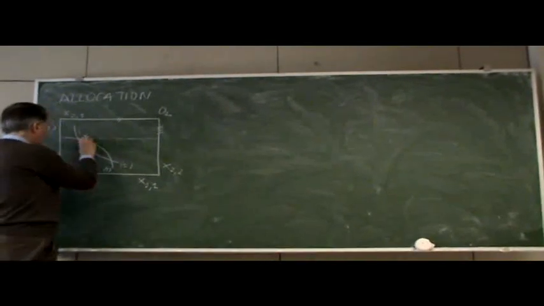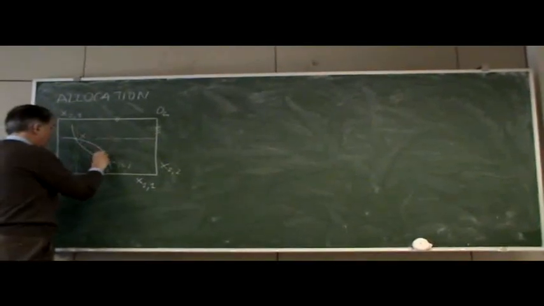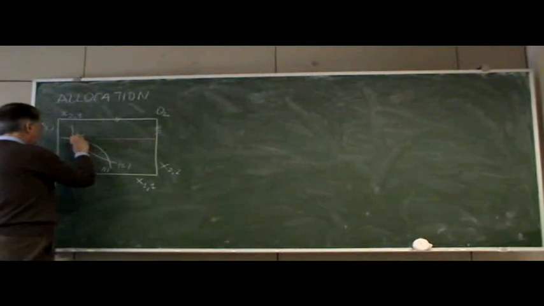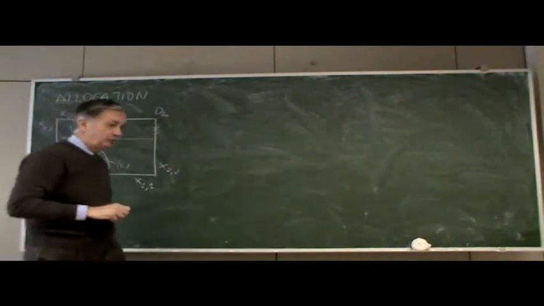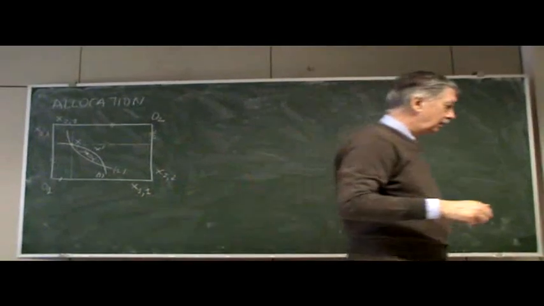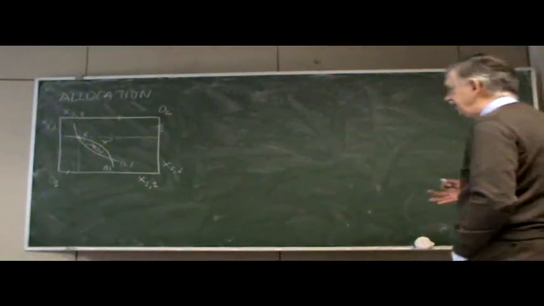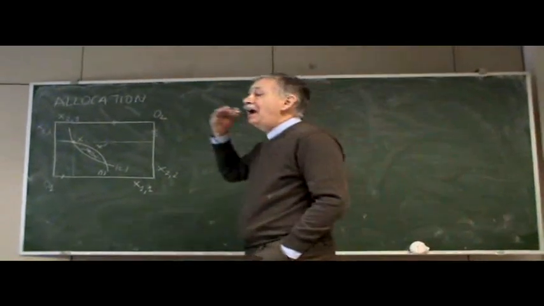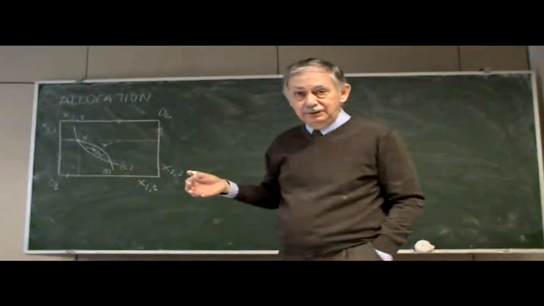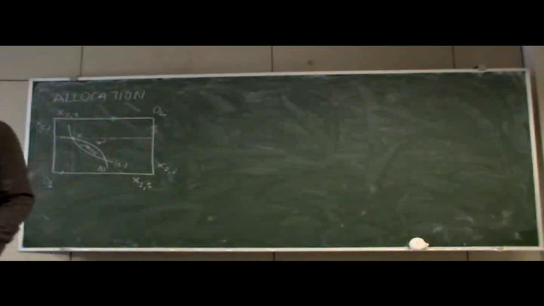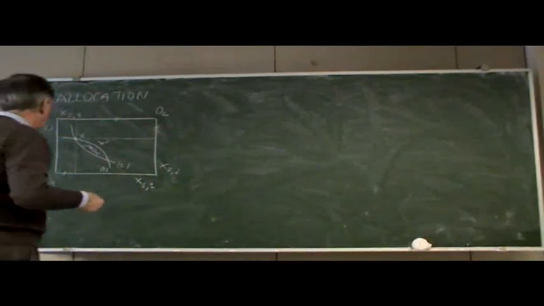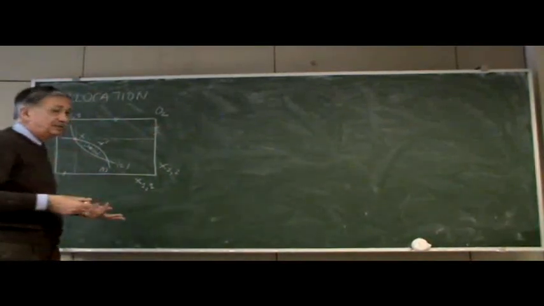Note that if you move from the allocation X to this allocation, say X prime, both consumers will be on a higher indifference curve. In other terms, their utilities, if utility exists, are greater than in X.